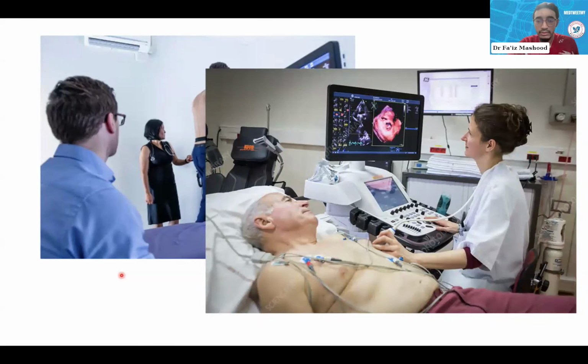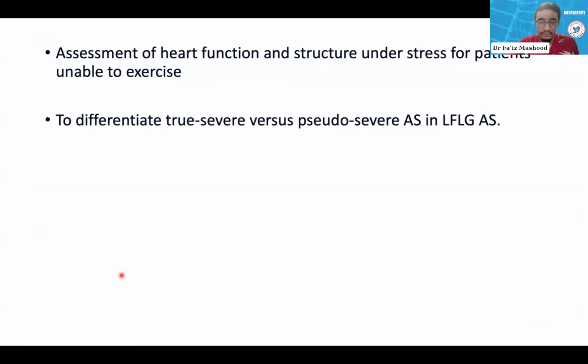So we use dobutamine as a pharmacological stressor, but we do the echo images before, during, and after as well. Apart from assessing the heart, both the EF and the RWMA and hypokinetic area, stress echo can also differentiate between true severe AS and pseudo severe AS in the case of low flow, low gradient AS.